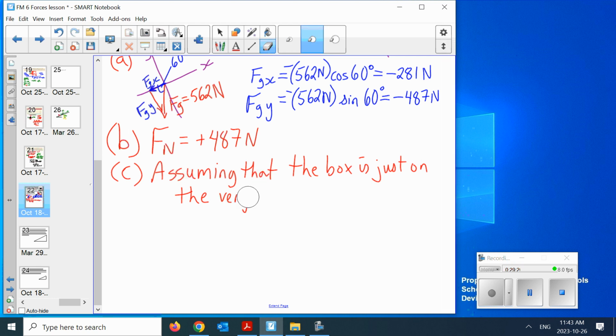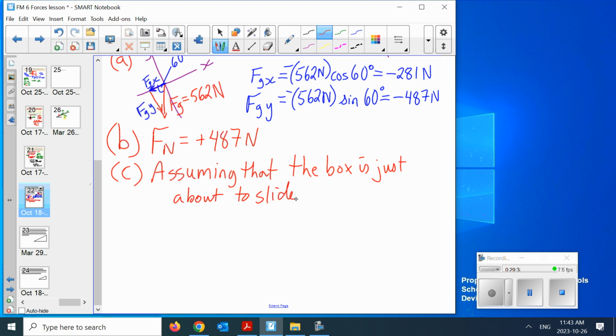I'll use a different word than verge. Just about to slide. So we'll say that it's equal and opposite to the static friction.